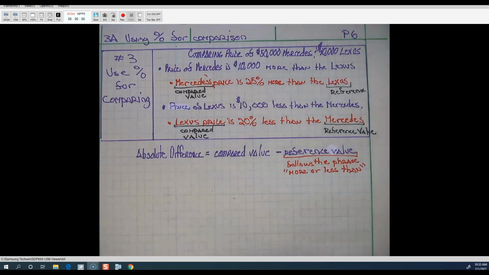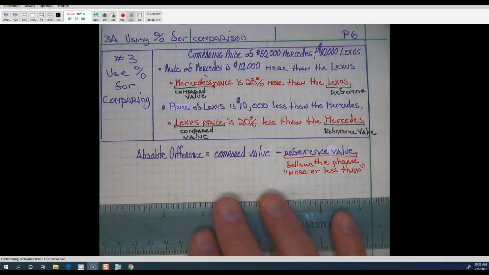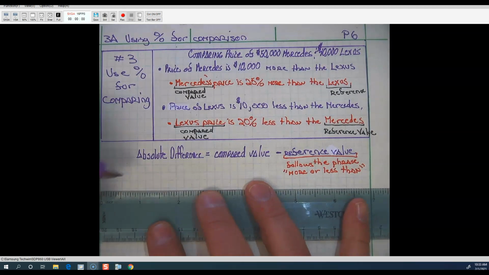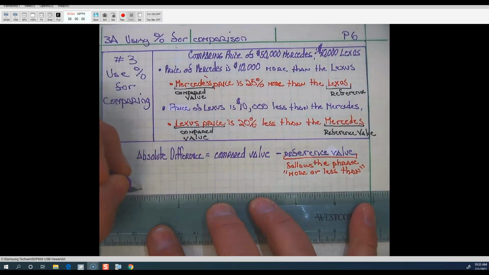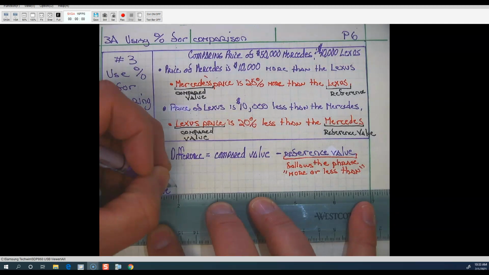All right, the other formula that we do now is the percentage one. Okay, so this is going to be relative difference or percent difference.